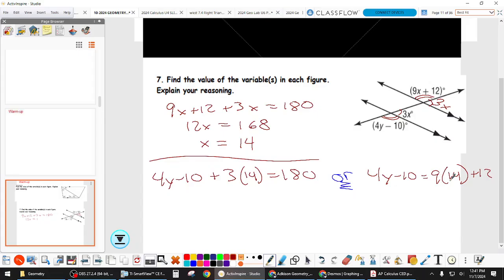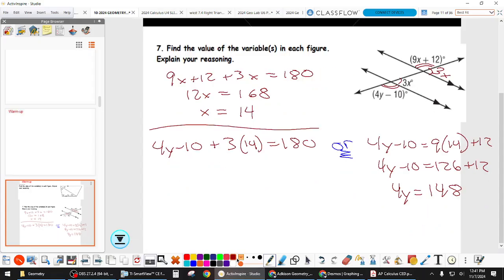This looks like 126. 9 times 14. And then once we combine all those like terms, we'll get 168. And then divide by 4. Which is what?